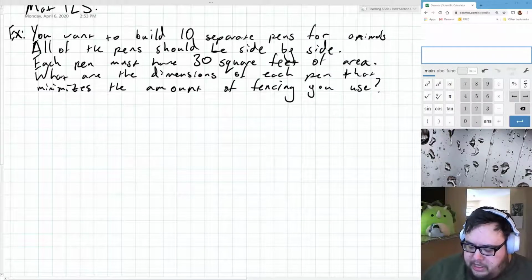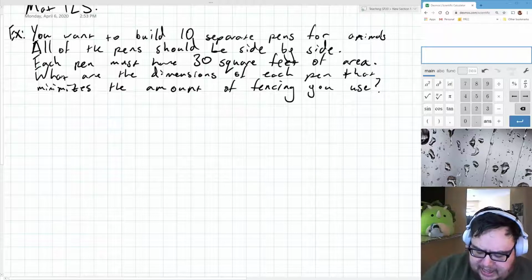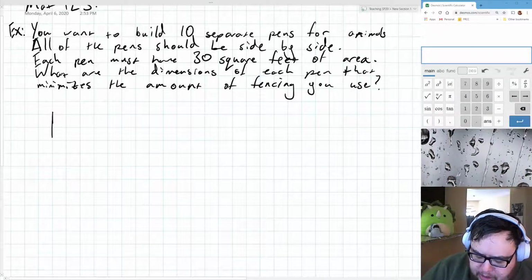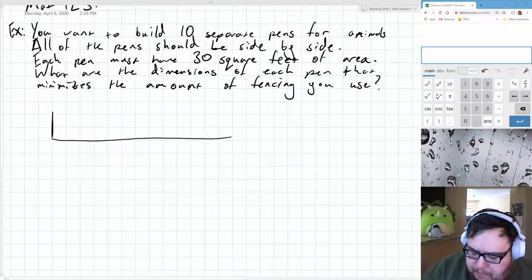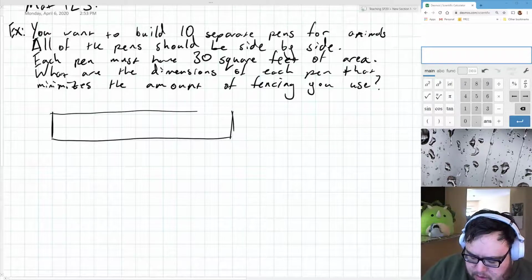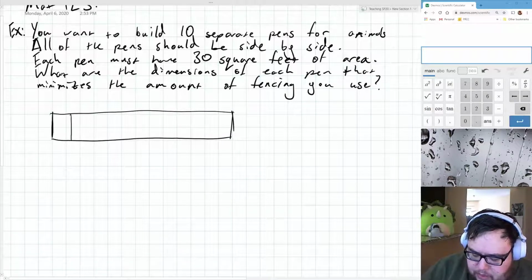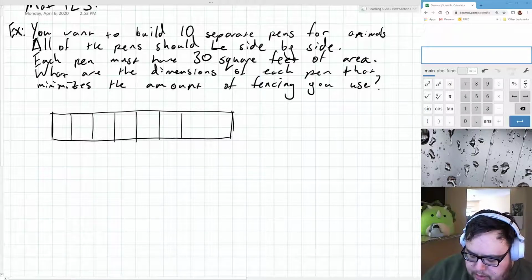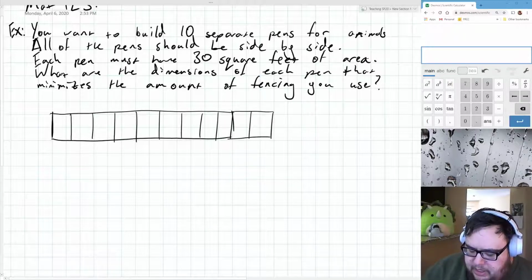Essentially, what I mean when I say that you're going to build 10 separate pens side by side is that you're going to build sort of a bank of pens. Something like this, right?